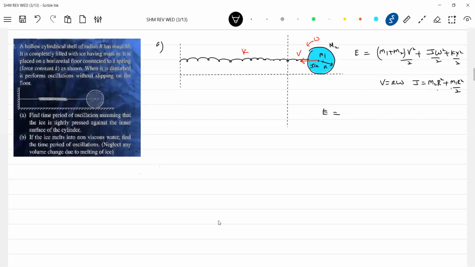E is equal to three M1 M2... so now we'll differentiate.